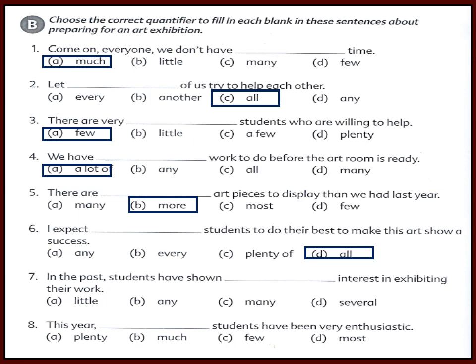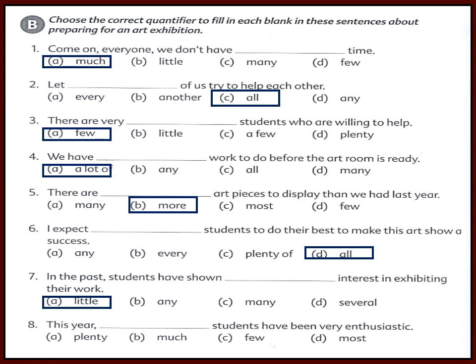Next, in the past students have shown dash interest in exhibiting their work. So students have shown little interest. Any we will not use here, right? Many interest, absolutely wrong. Several, again wrong, because we use it with count nouns. So what is left here? Just little.